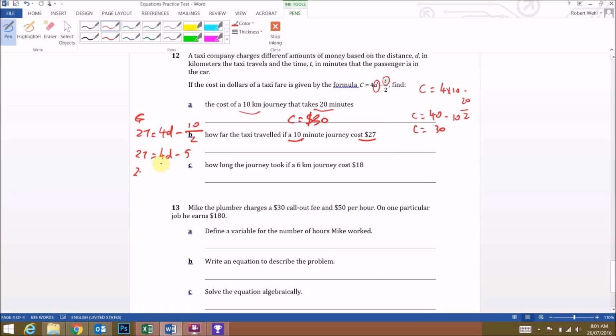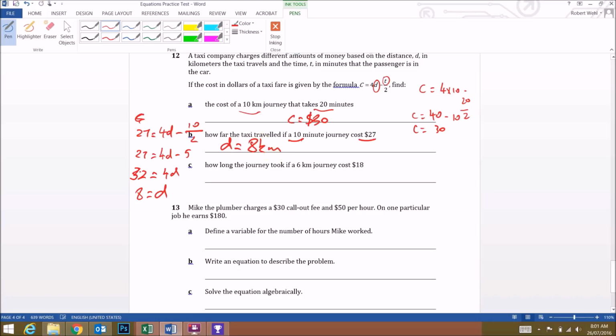Now I can isolate. So I add 5 to both sides. And now I divide both sides by 4, which gives me 8. Yeah, so the distance equals 8.